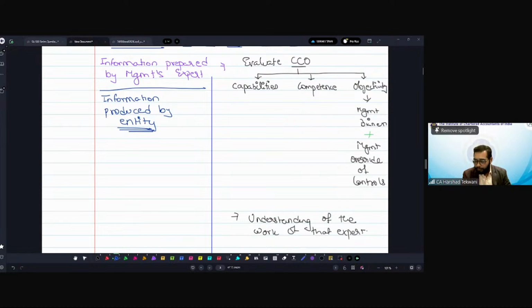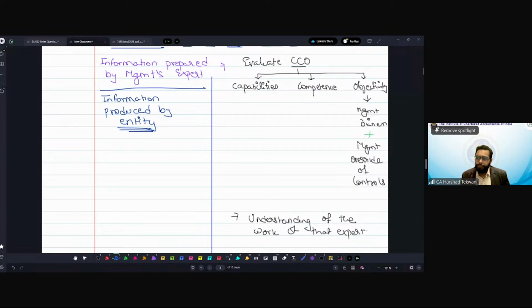Sir, source given, reliable source. For example, when we are auditing some part like debtors, the total of debtors, then we check with external confirmation, and the amount recorded in the books and the external confirmation might differ.